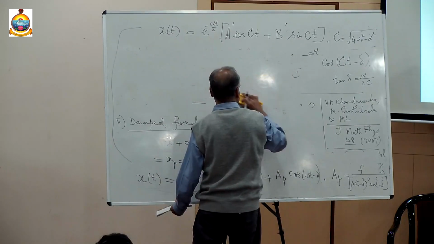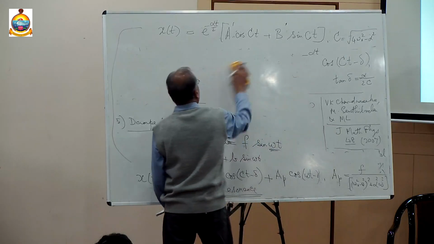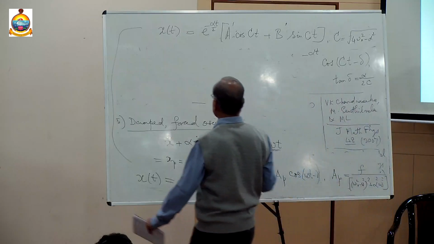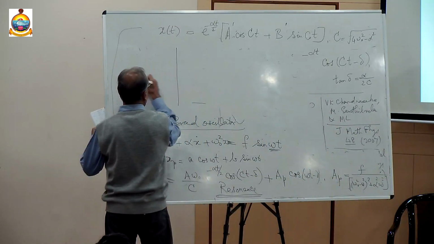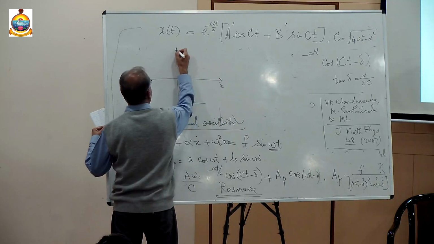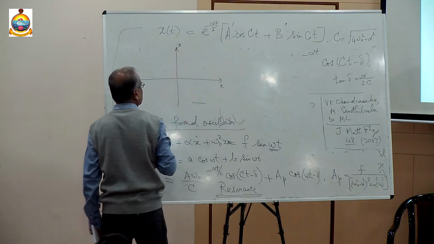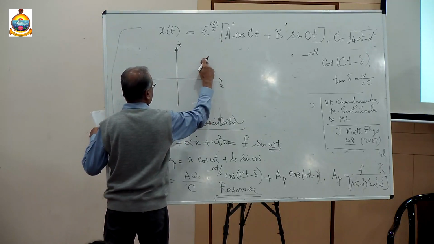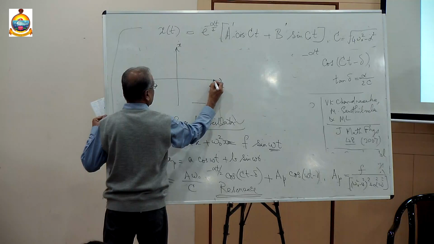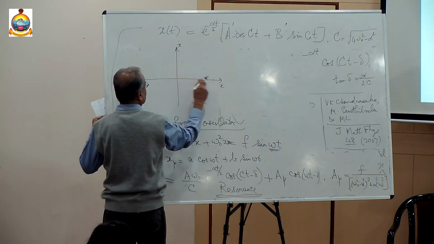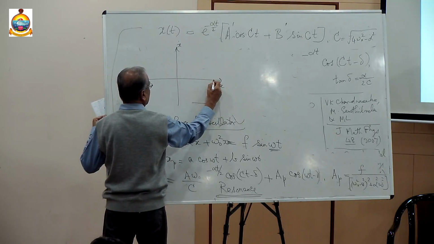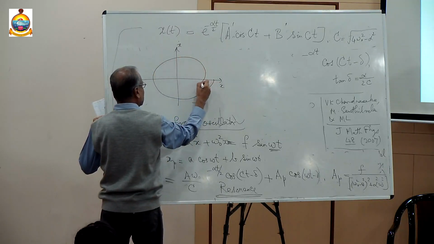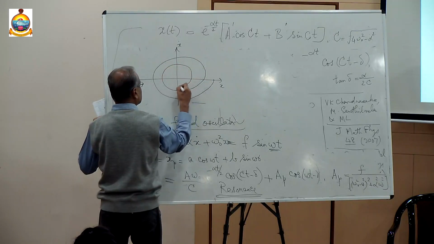So for the earlier solutions, in the case of the damped harmonic oscillator, if you look in the phase space, the x, x dot phase plane, you start anywhere with a given amplitude, and the initial velocity is 0, then the system starts oscillating periodically, but its amplitude keeps on decreasing.